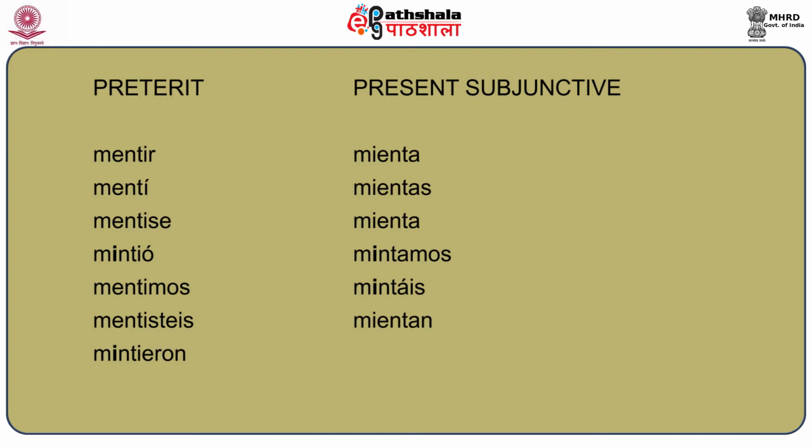The same change will occur in the present subjunctive for the nosotros and vosotros forms as well. Thus, the conjugation of the verb mentir in the present subjunctive is yo mienta, tú mientas, él, ella, usted mienta, nosotros mentamos, vosotros mentáis, ellos, ellas, ustedes mientan.